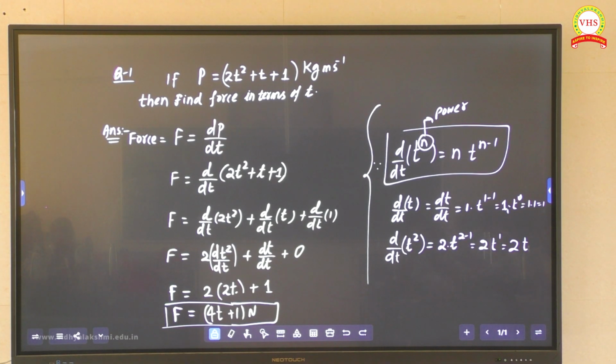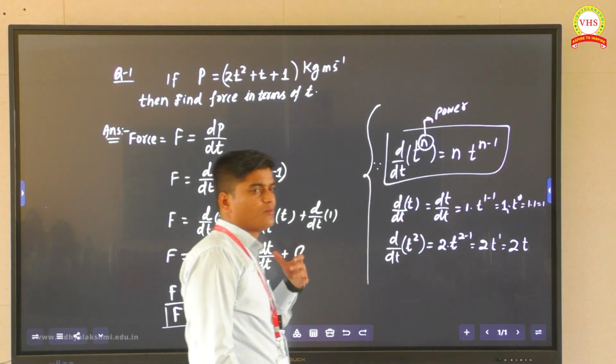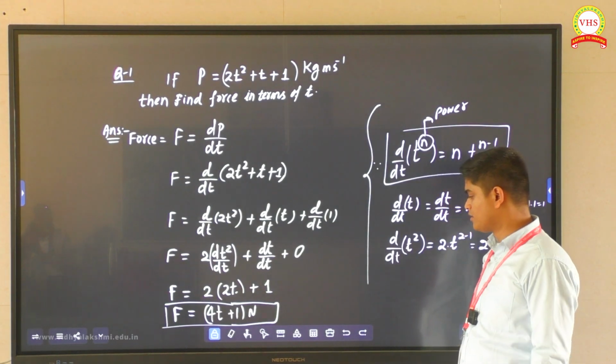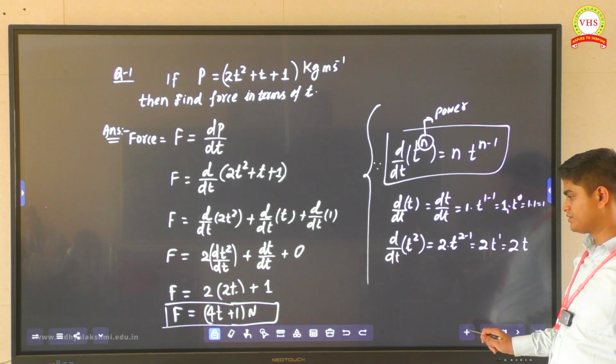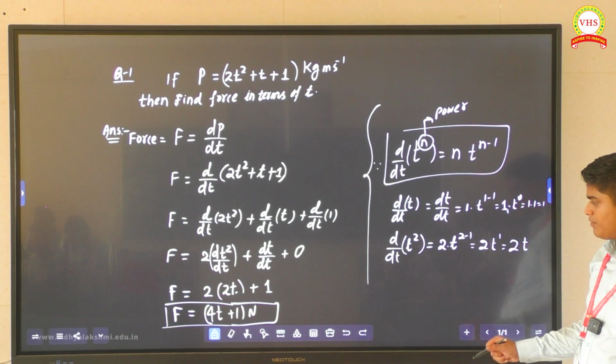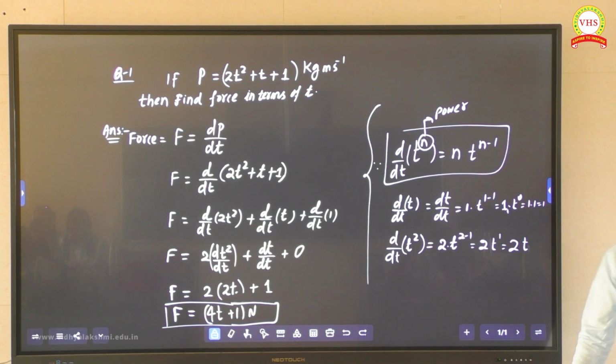Now do one more question. So this is which law? F equal to dp by dt. From which law did we take this one? Second law. Okay. Now based on the first law, do one question. Shall I go next? Complete.